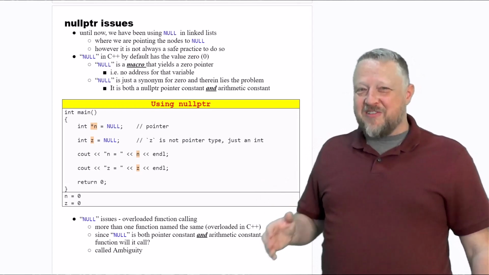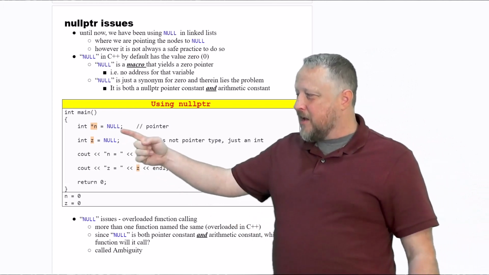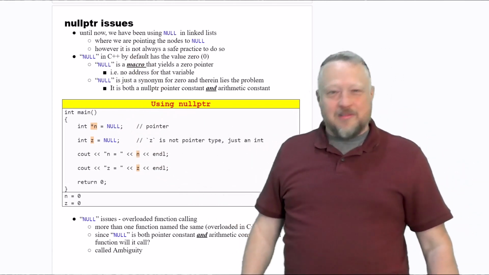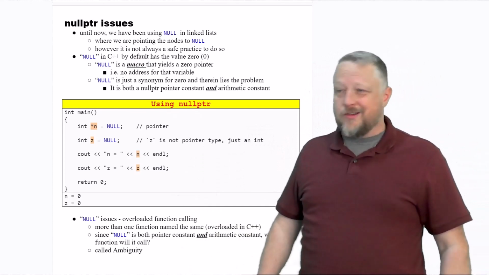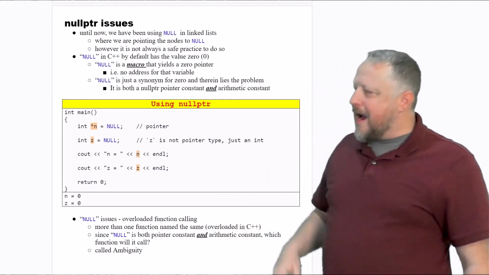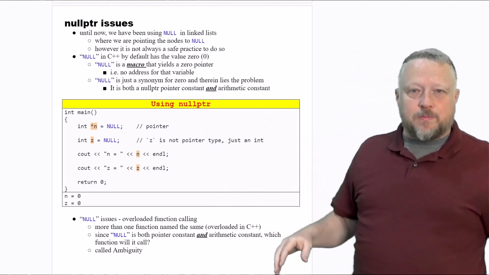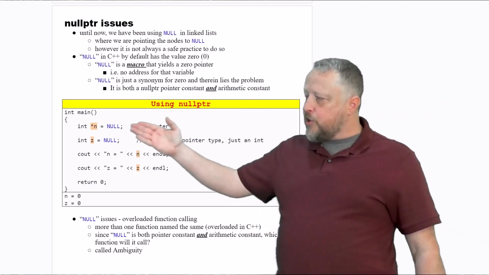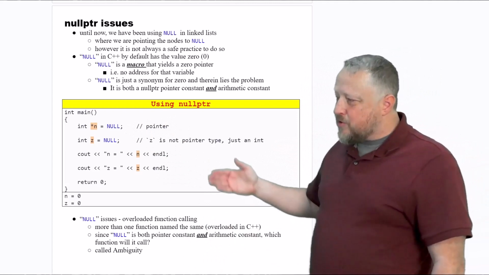The only change that really needed to happen was literally changing NULL to nullptr. Nothing has changed in the code except for a Control F or Control H, and that was it.